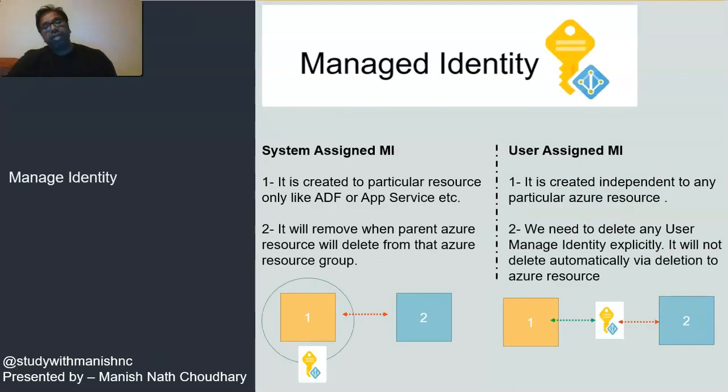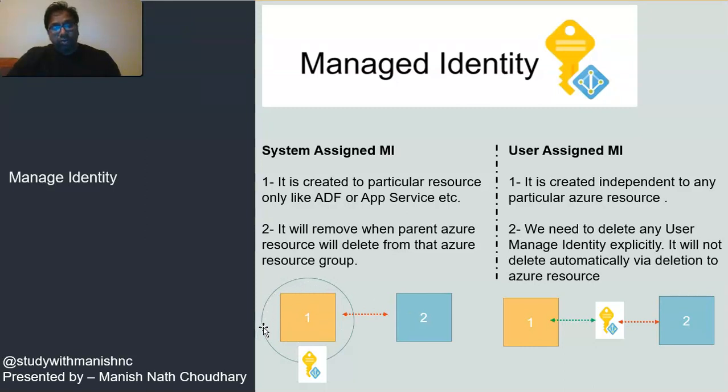Now we want to understand the difference between system assigned managed identity and user assigned managed identity. In a system assigned managed identity, Azure resource 1 wants to connect to Azure resource 2.